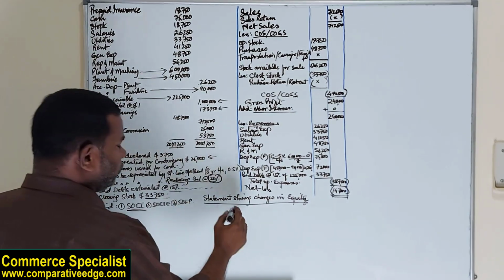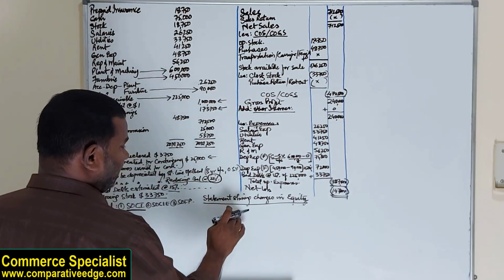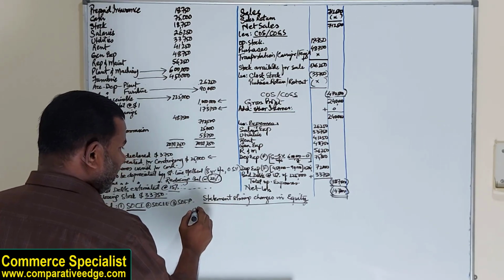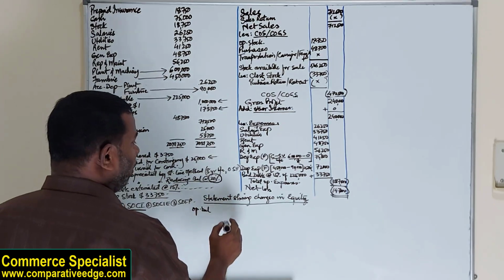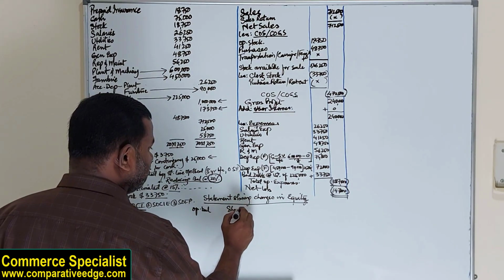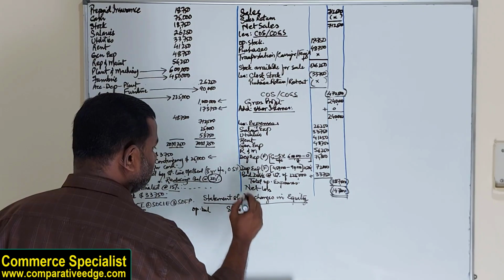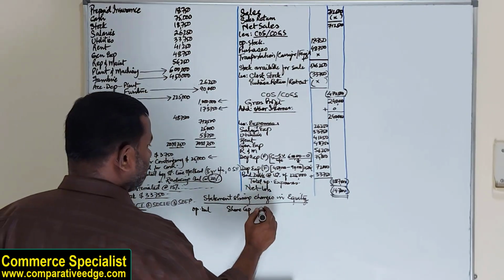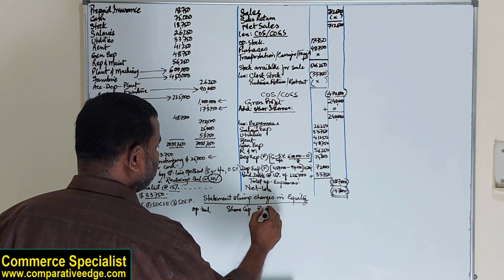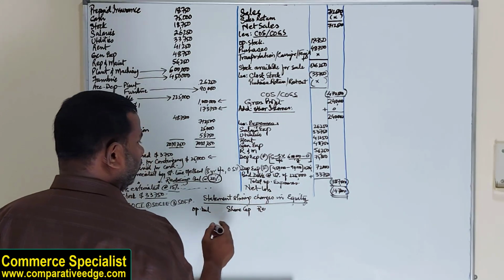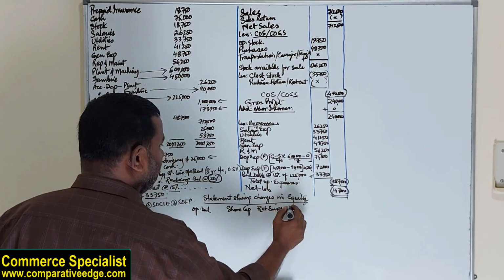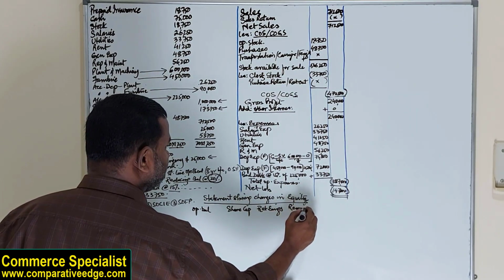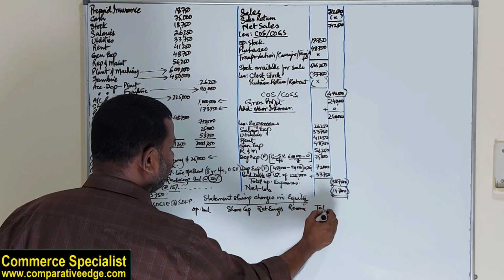So what I'm going to do is write the opening balances. I'm writing here opening balance of share capital, opening balance of reserve, opening balance of retained earnings, and then a total if you want to.